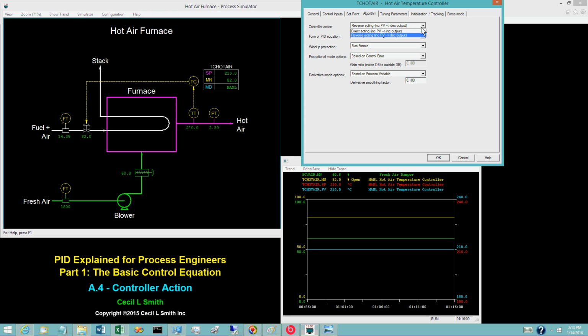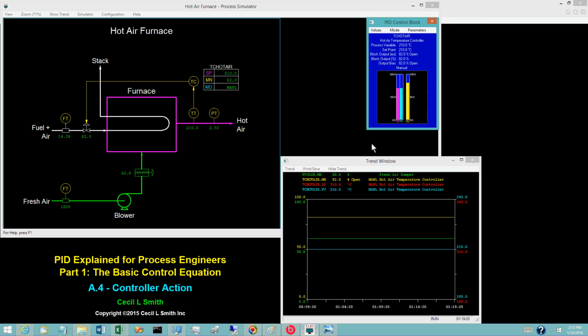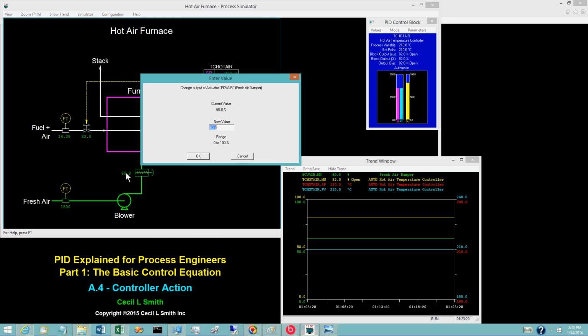The controller action is correctly specified as reverse acting. Close the configuration window. Switch the hot air temperature controller to auto. Increase the fresh airflow by changing the fresh air damper opening to 65.8%.